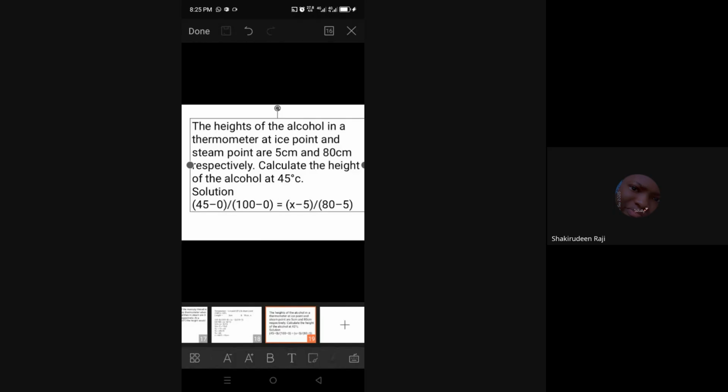So that is the temperature whose height you are looking for minus ice point, over steam point minus ice point, is equal to the height you are looking for minus the height at ice point, over the height at steam point minus the height at ice point. That is all. Once you're able to get the expression correct, your answer will be correct.